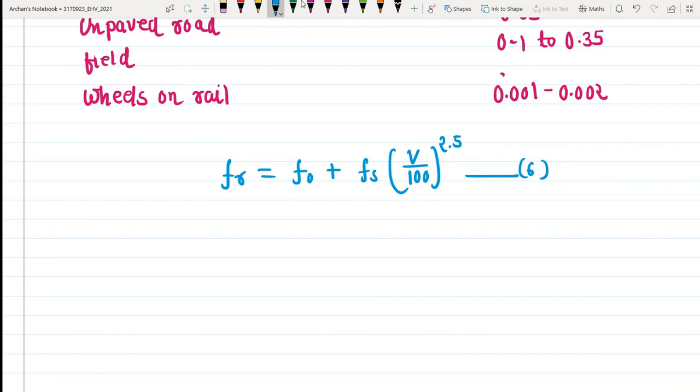Okay, here V is the vehicle speed in kilometers per hour, and F0 and Fs depend on the inflation pressure of the tire.